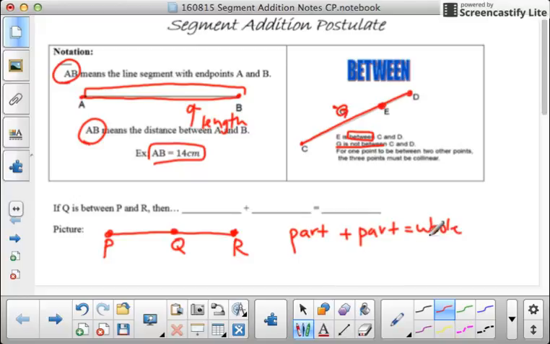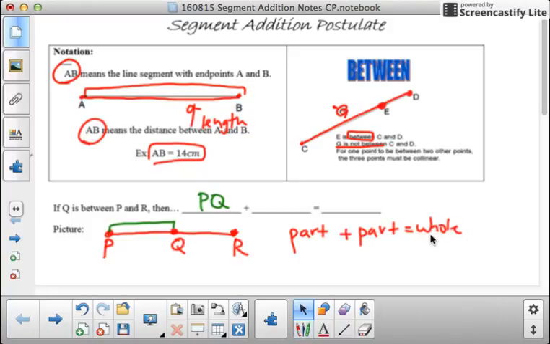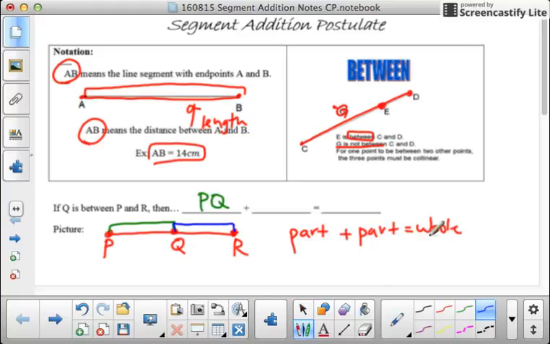This part of the line segment, PQ, notice I don't put a line on top because I'm talking about the length, plus the other part, QR, will equal the entire segment PR. Part plus a part equals the whole.